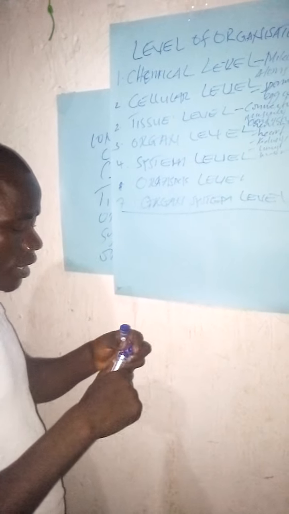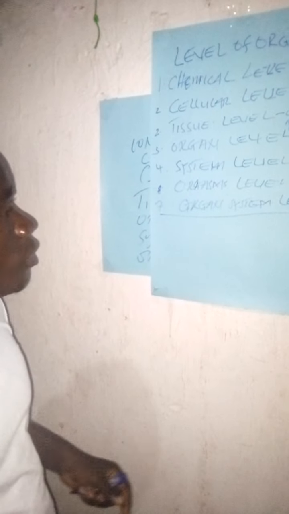But let us look at the level system of human beings. Under the level system, we don't have 10, but 11.